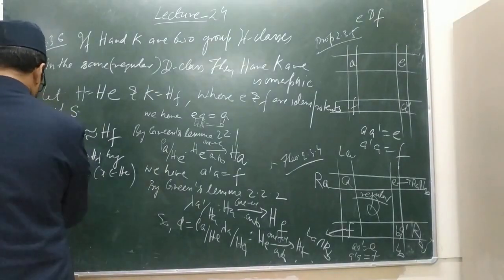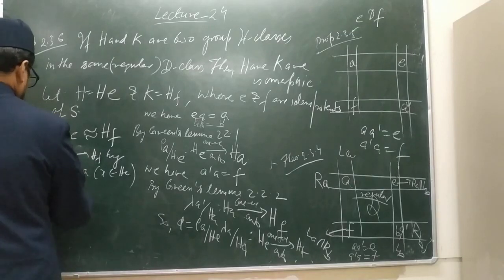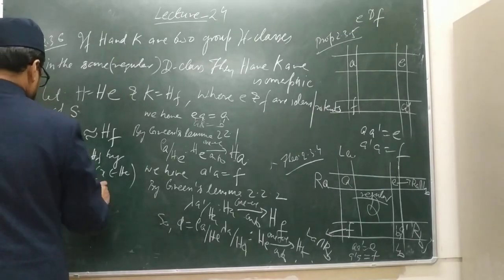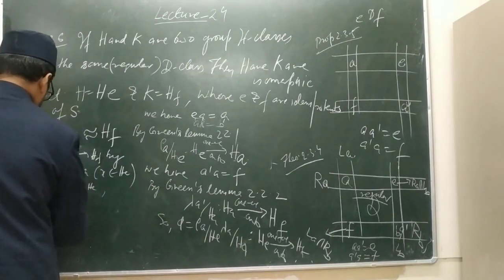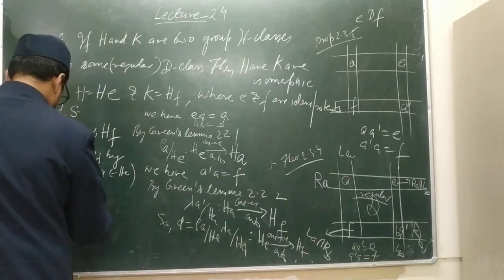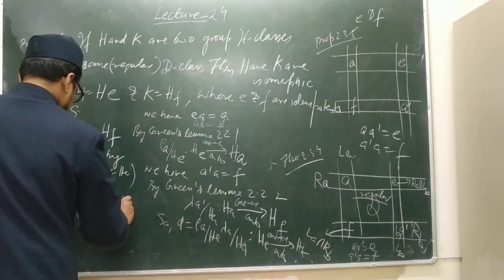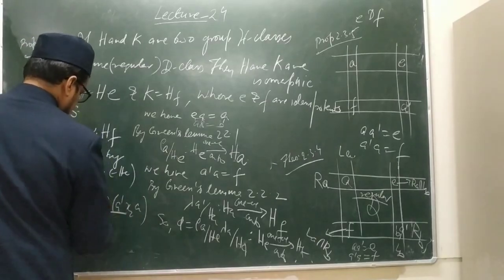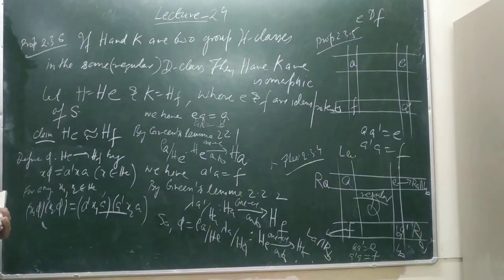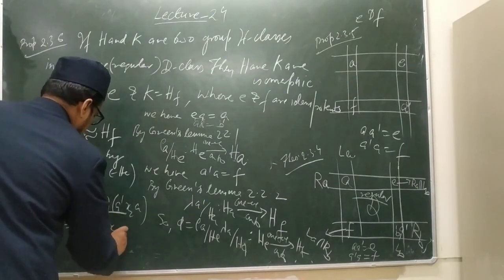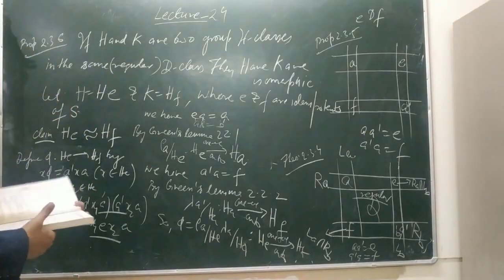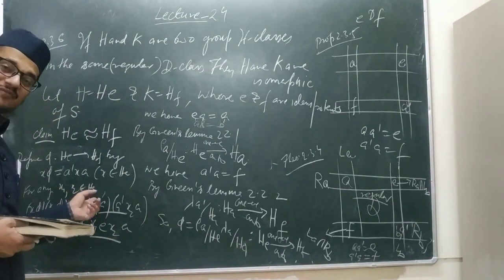Okay. So for any x1, x2 belonging to HE, x1 phi into x2 phi is equal to what? A dash x1 A into A dash x2 A. What is A dash? We know that A dash is equal to E. So A dash x1 E x2 A, and x1, x2 are members of HE, and E is the identity for this group, correct?